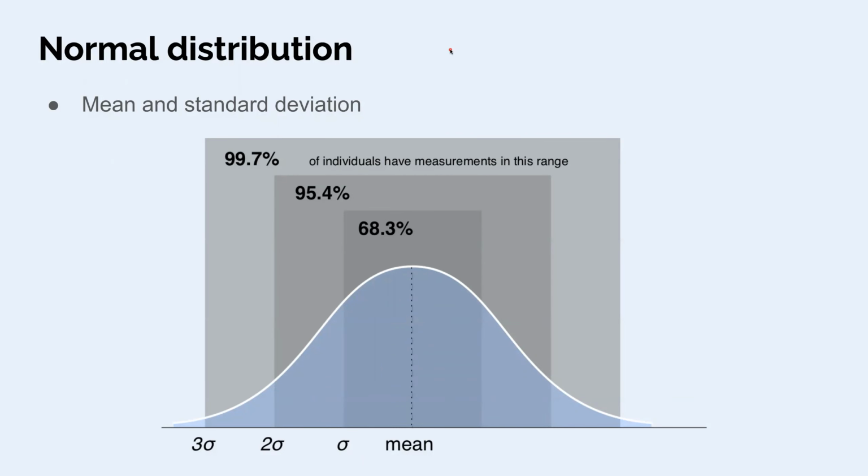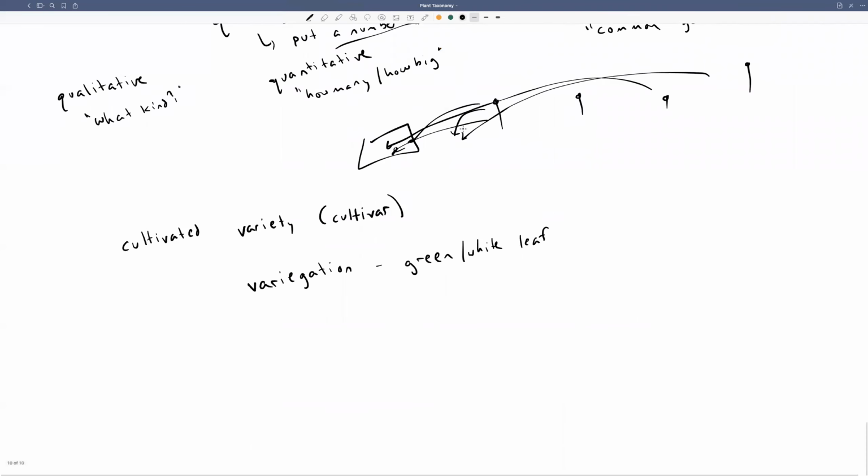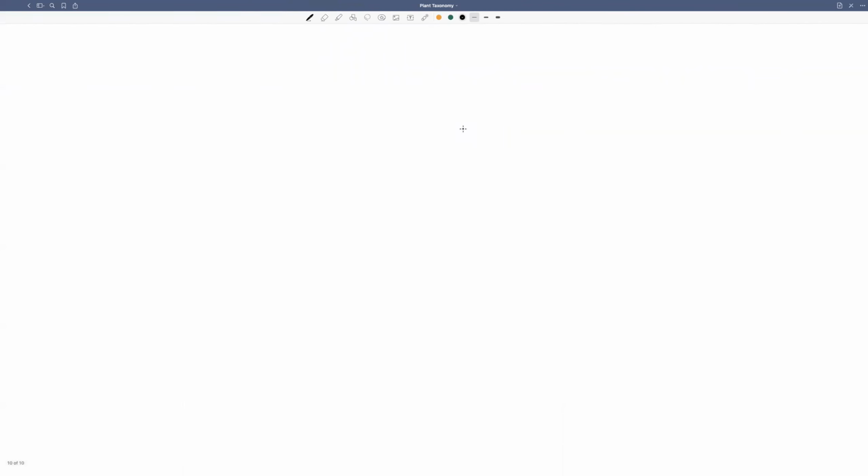When you take a measurement of something that is quantitative, you often get one of these graphs. So this is a histogram. Let me just write that out for us. Called a histogram.